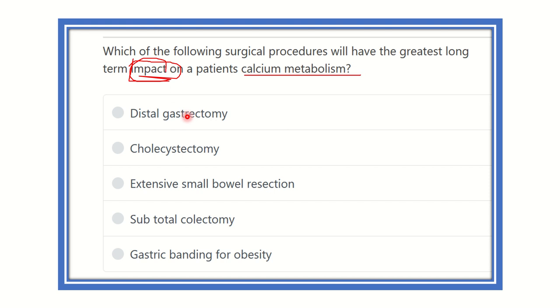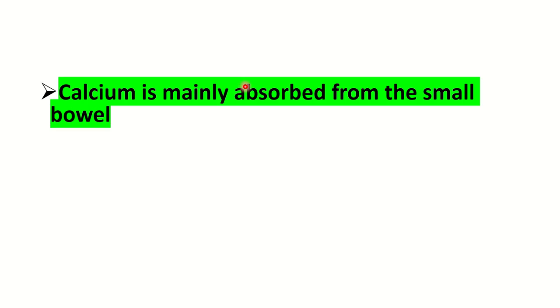So for this we have to find out the normal absorption process, or site of absorption, of calcium. Calcium is mainly absorbed from the small bowel. So this point is important. The calcium is mainly absorbed from the small bowel, that means the duodenum, jejunum, and ileum.